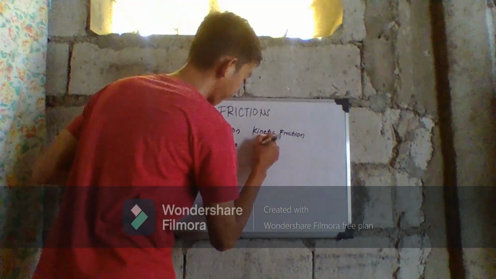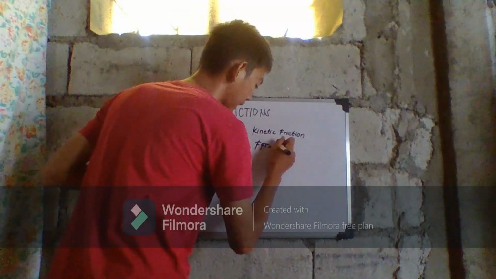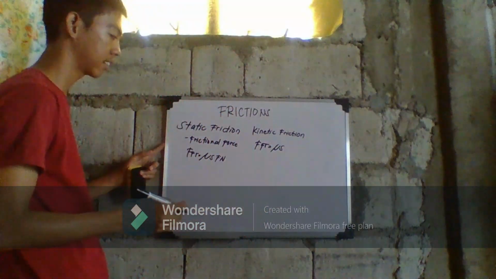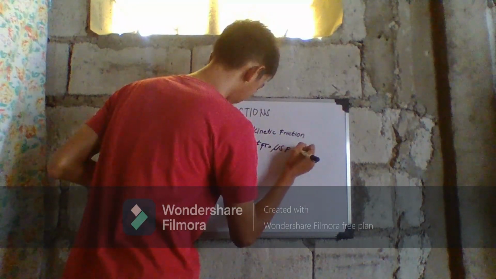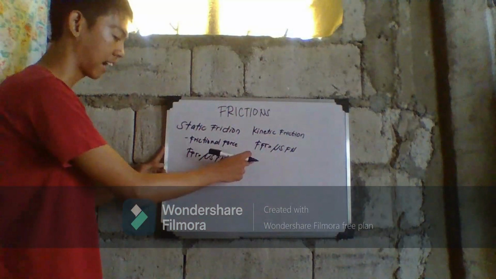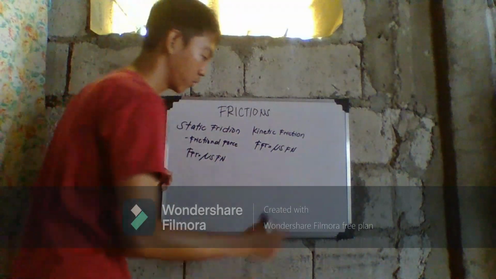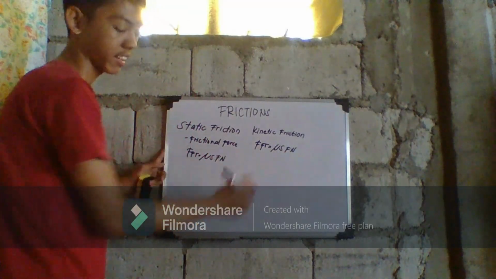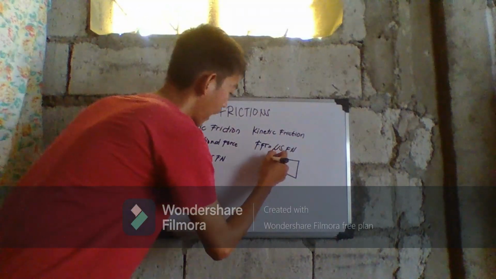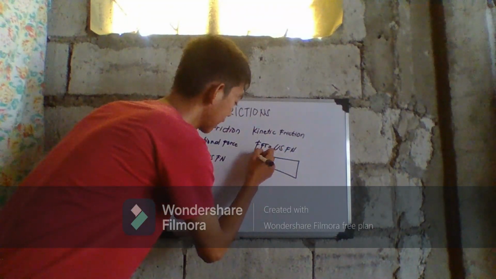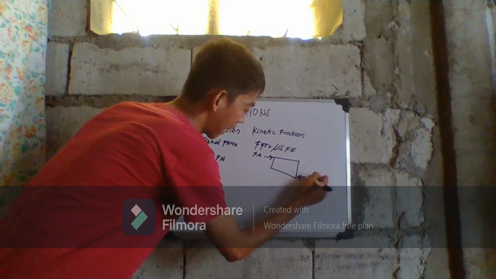So, F_R is equal to kinetic friction times F_N. Kinetic friction pala. So, para masabi natin kinetic friction, draw lang tayo ng object dyan. So, ito yung F_A natin dyan. Then, ito yung F_R.